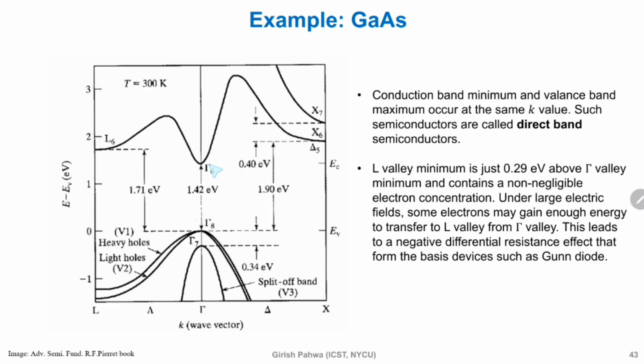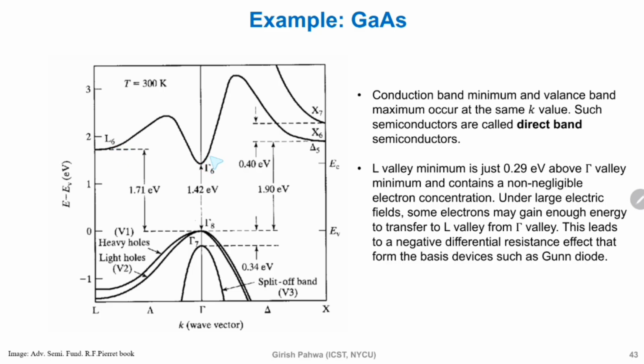Most of the electrons are going to be here, but because this valley is just a very small energy above this valley, there can be some electrons that occupy energy states here as well. It is possible.